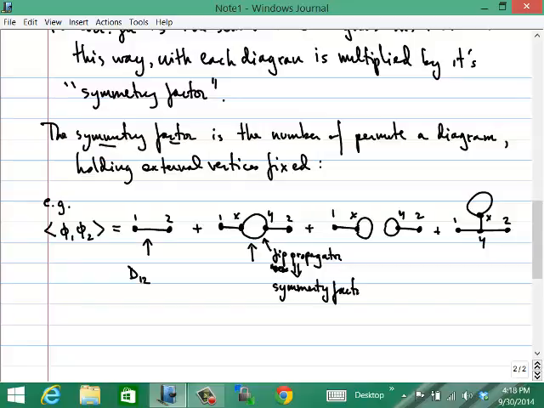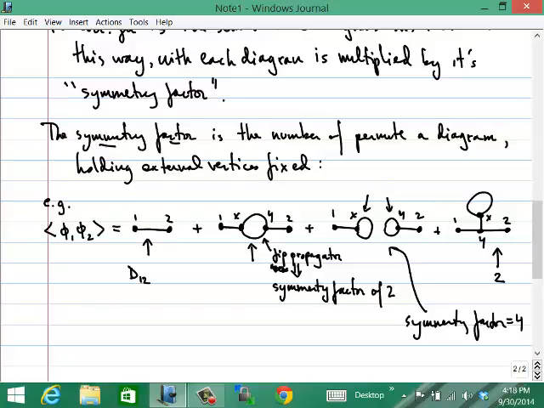So there's a symmetry factor of 2. And likewise, this guy also has a symmetry factor of 2. Whereas this diagram here has a symmetry factor of 4, because you could either flip that guy or you could flip this guy.